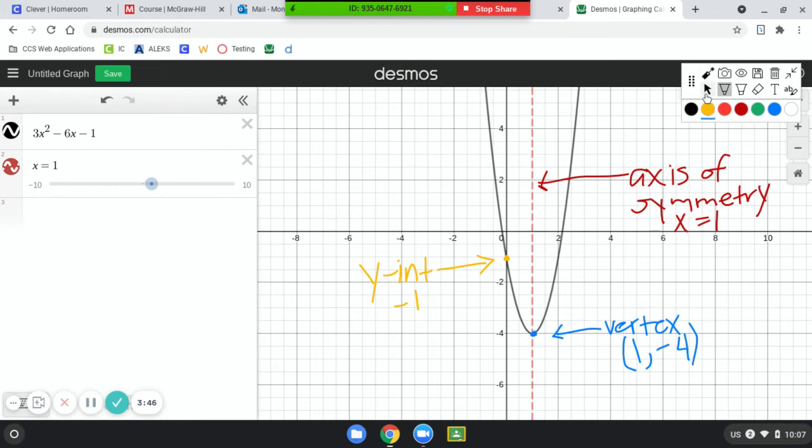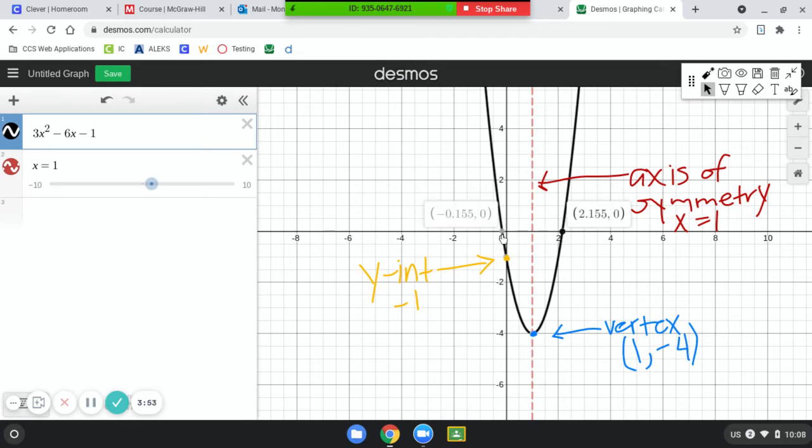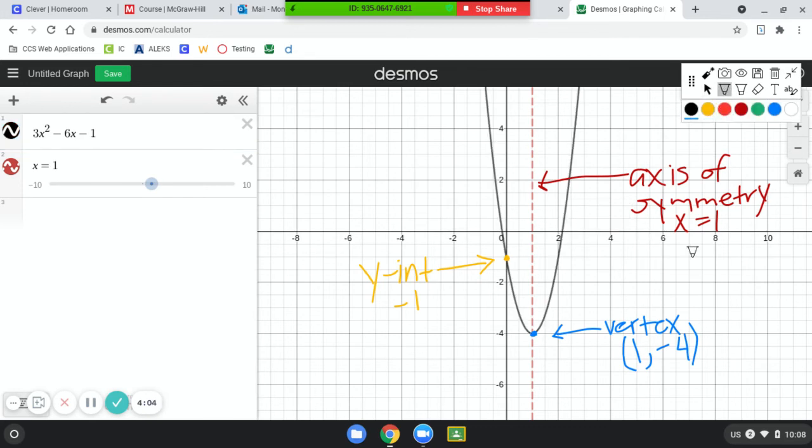And then the x-intercepts are 2.155 and -0.155. So here and here. Remember, those are the x-intercepts.